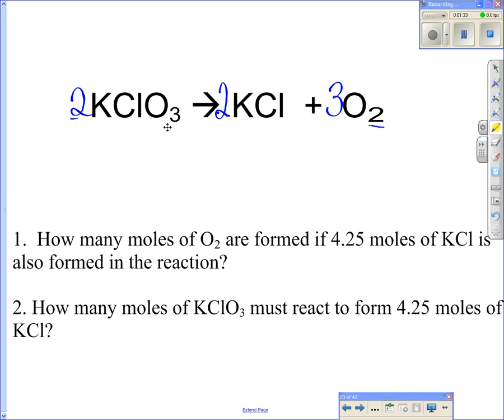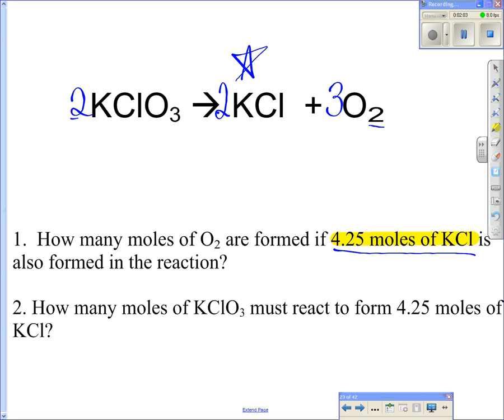I'm going to have 4.25 moles of KCl. So I know that KCl is my superstar. So up here, the KCl is my superstar, and I'm going to draw a star over the KCl.